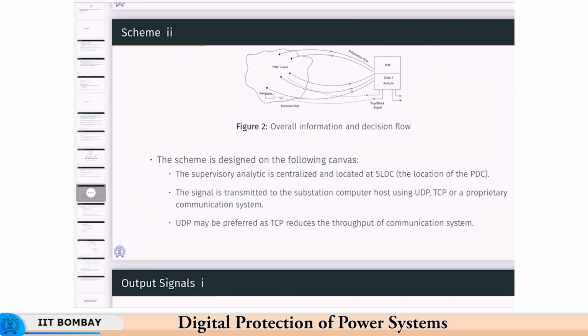Usually either UDP or TCP/IP is used. UDP may be preferred as it reduces the latency and the time, because it does not wait for handshaking and all that. So though it is a less reliable protocol, for this case the trade-off may be accepted.